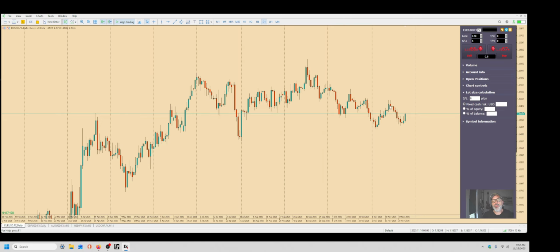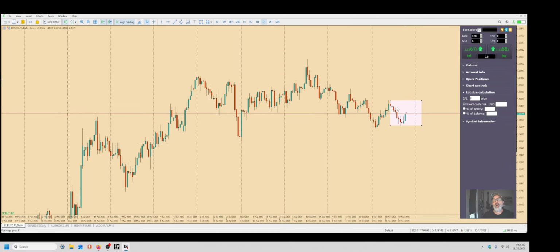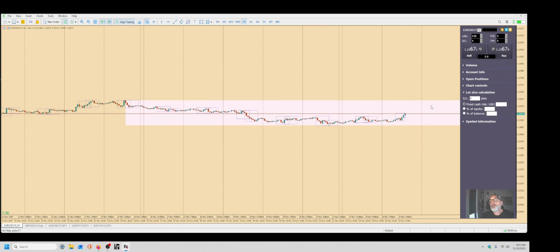I'm just doing that for a visual. So this is the high we're looking at, and this is the low we're looking at right here. So we're going to put a box around that. Okay, and we're going to go directly to the hourly chart.